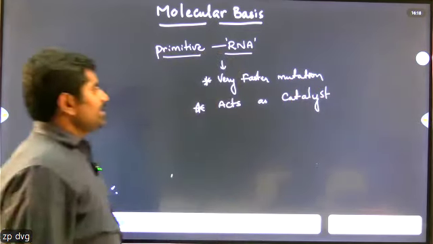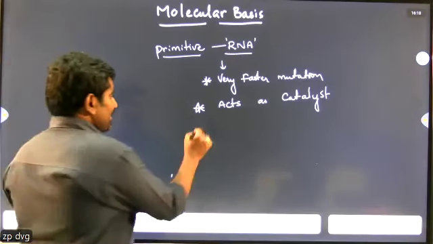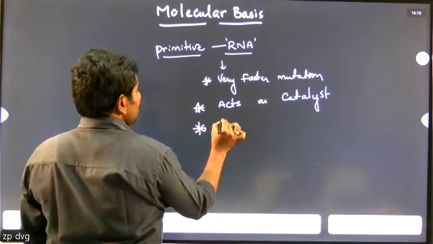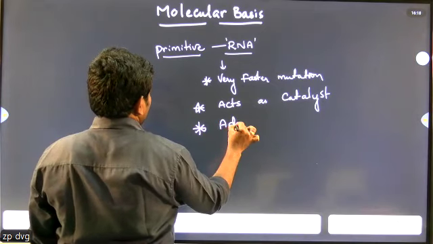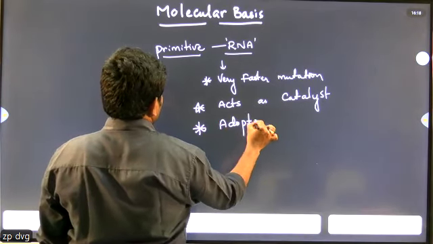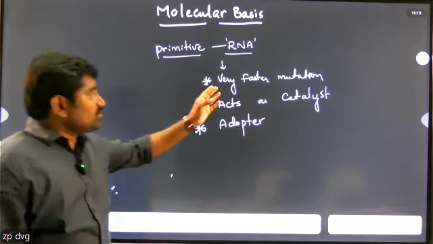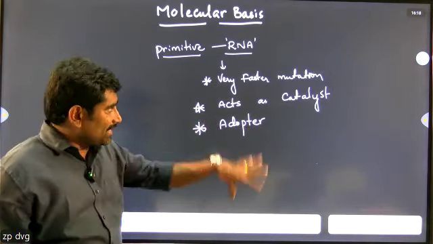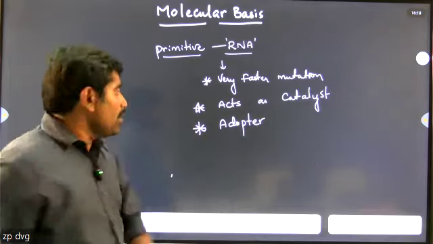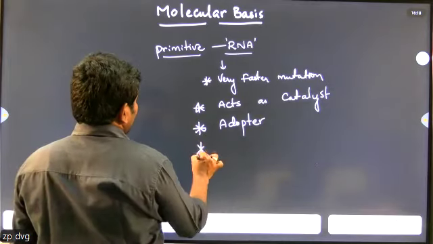RNA acts as a catalyst, and RNA acts as an adapter molecule. So RNA undergoes faster mutation, acts as a catalyst and adapter, and has less stability.